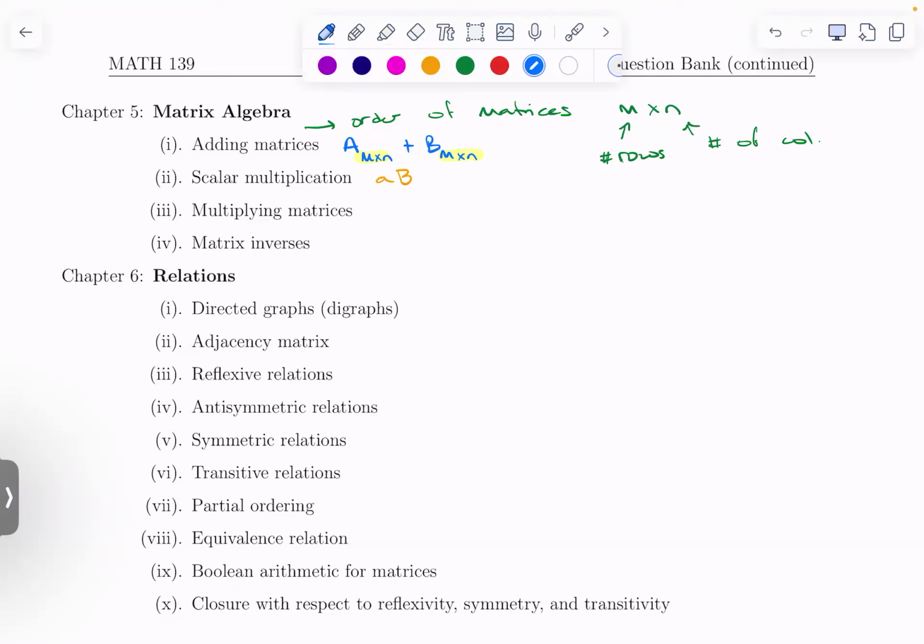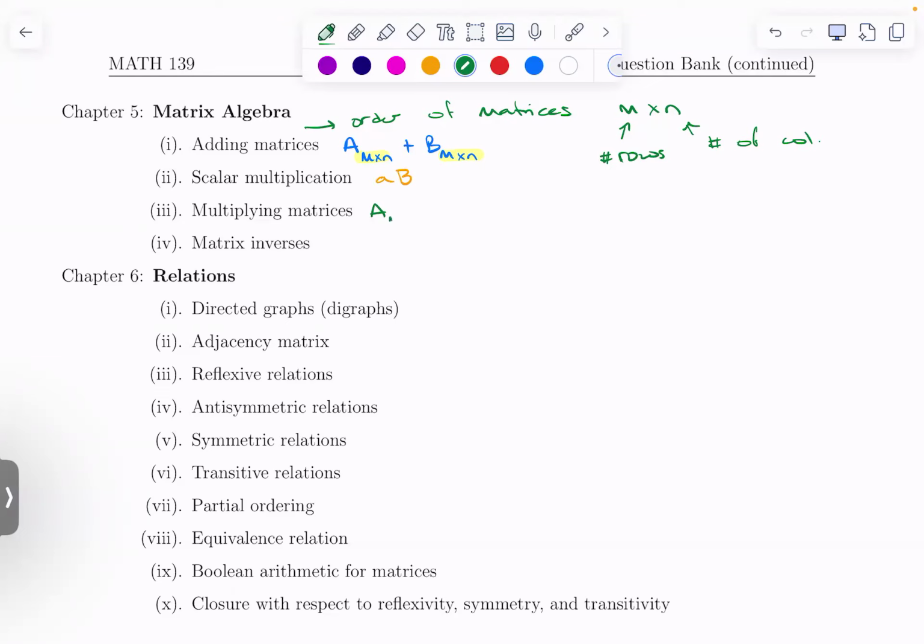Let's see here, multiplying matrices. What's the rule for multiplying matrices? Let's focus on the order of the matrix. They have to have matching columns to rows, right? They have to kind of match up on the inside of the orders. Okay?